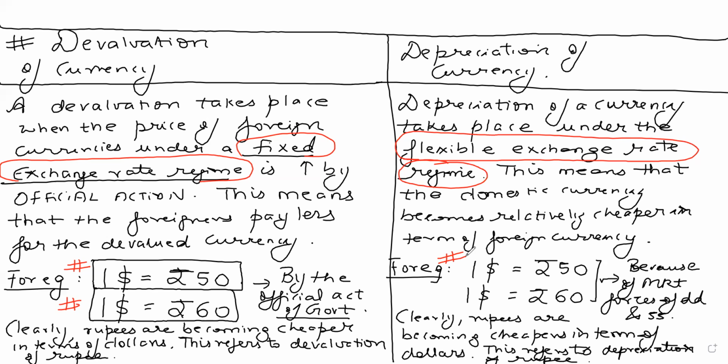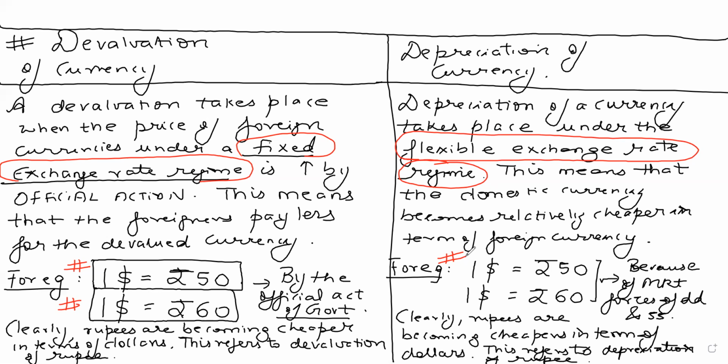Why will the government want to devalue? One of the major reasons for devaluing the currency would be to promote exports. One of the major reasons for devaluing your own currency in the world market is to promote more exports, which in turn is going to correct or improve the deficit in your balance of payments.